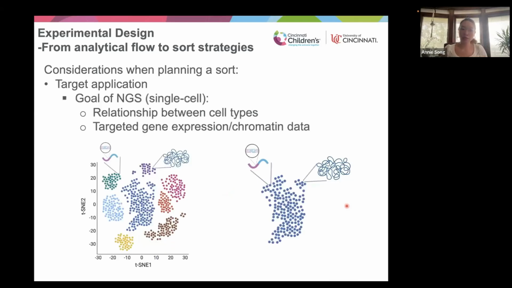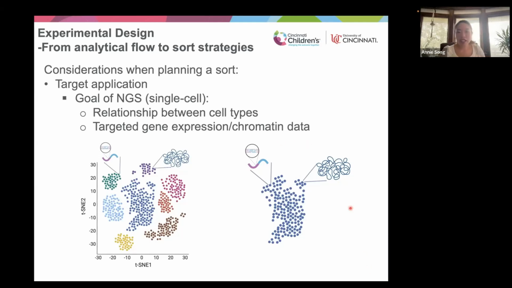Now, like I mentioned, for the goal of NGS in the context of hematopoiesis, you're studying either a relationship between the cell types or targeted gene expression, as I illustrated here in these cartoons on the bottom. If you're studying a relationship between cell types, the goal is to capture that bridge and that gap between the cells and not lose anybody along the way.